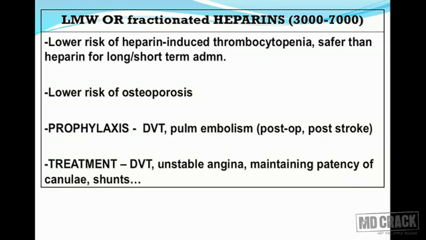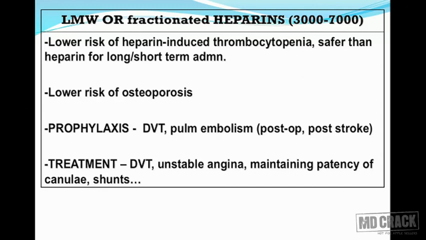In addition to this, we already said there is lower risk of thrombocytopenia and it's safer than heparin for long-term as well as short-term administration. One more adverse effect of heparin is osteoporosis, and LMW, that's low molecular weight or fractionated heparins, have shown a lower risk of osteoporosis. Where to use them?